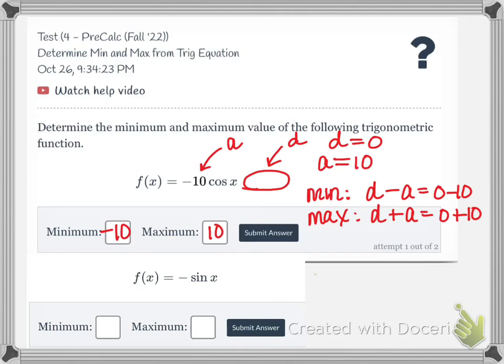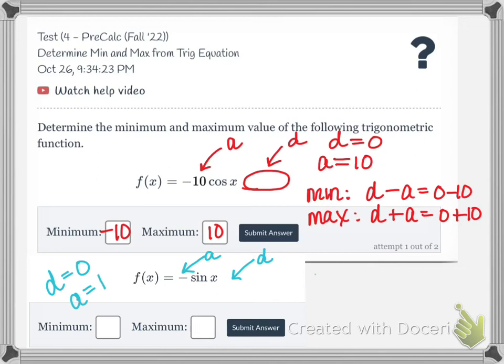In the next part here, this is our A value location, and this is our D value location. In this case, our D, again, is blank, so it's 0, because there's nothing adding or subtracting. My A value has a -1, so I'm going to put a +1.